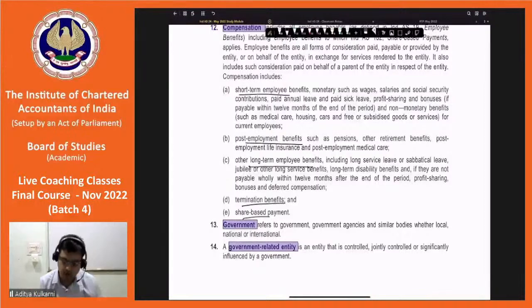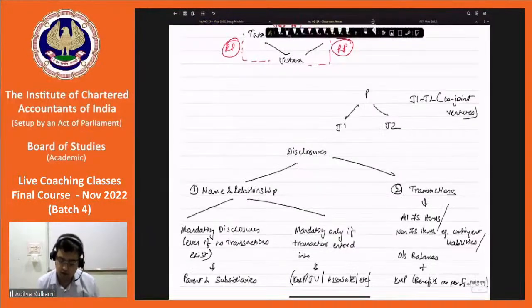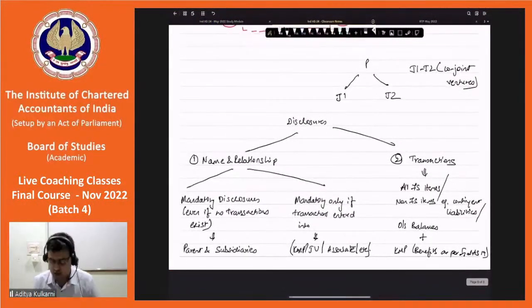You will have to disclose it for a key managerial personnel.